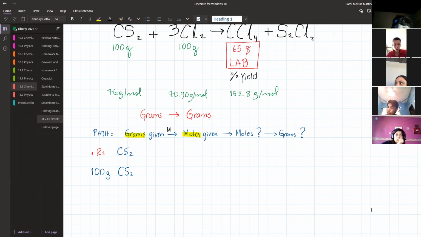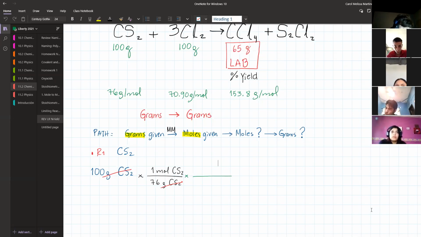So you say the molar mass of which one? Of the given. Okay. And the molar mass of the given is 76 grams of CS2 in 1 mole of CS2. You cancel the same units and you continue.